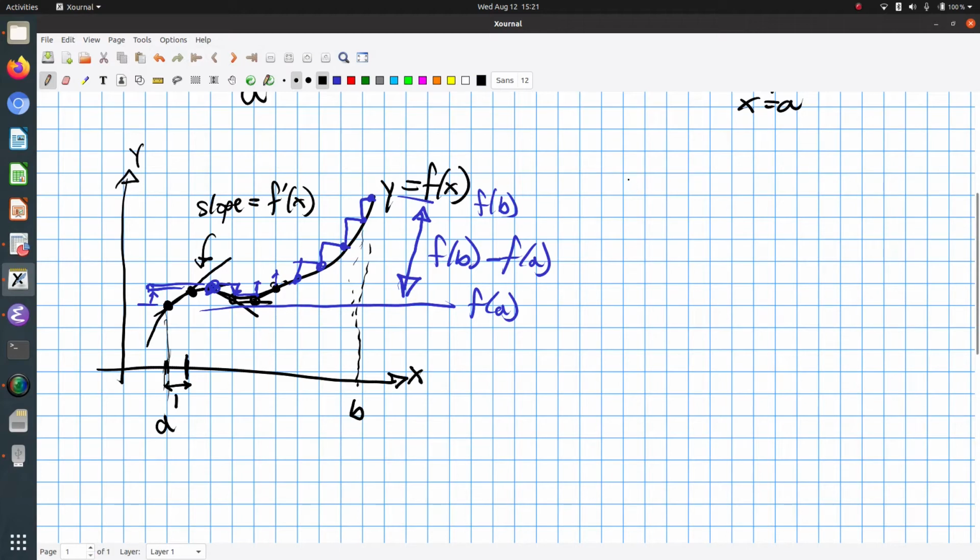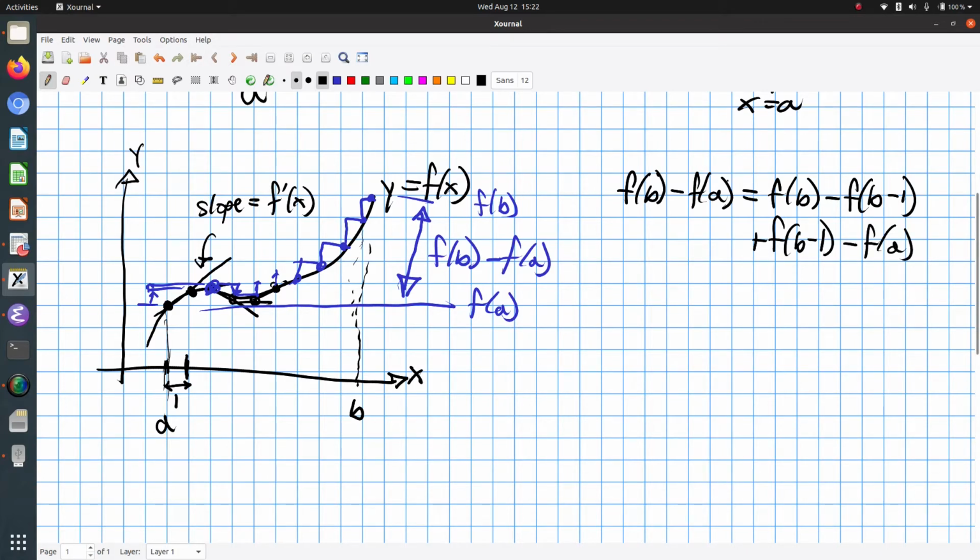So if you want to think about it, you could say something like f of b minus f of a is equal to, well, f of b minus f of b minus 1, plus f of b minus 1, minus f of a. Of course, you'll notice the f of b minus 1's cancel out. I've got a minus 1 and a plus 1. Okay, well, I could keep going.